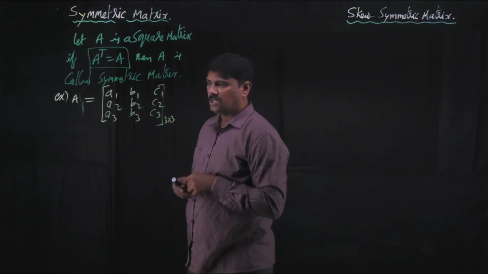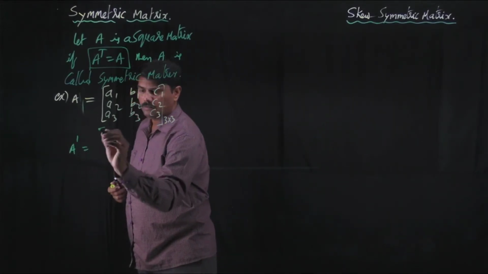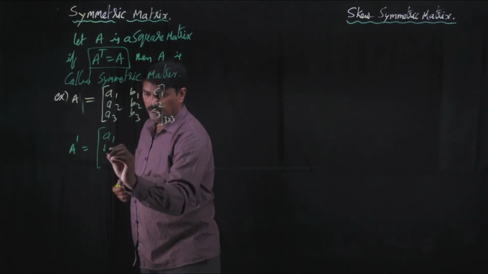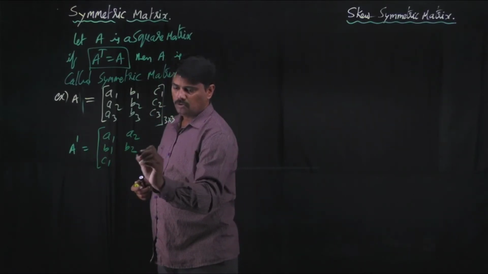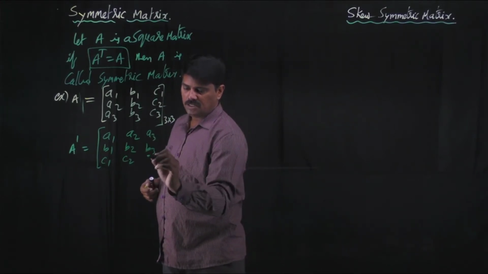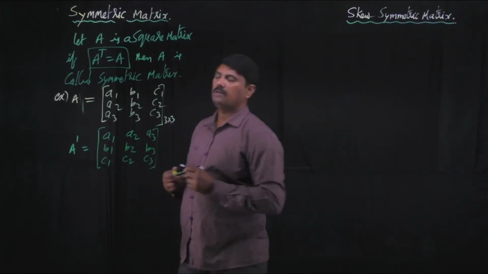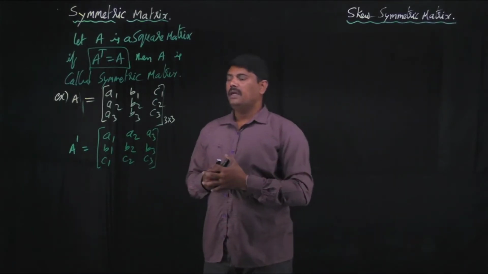Now what is its transpose A'? a1, b1, c1 comes as the first column, a2, b2, c2 comes as the second column, a3, b3, c3 comes as the third column. This is the transpose.